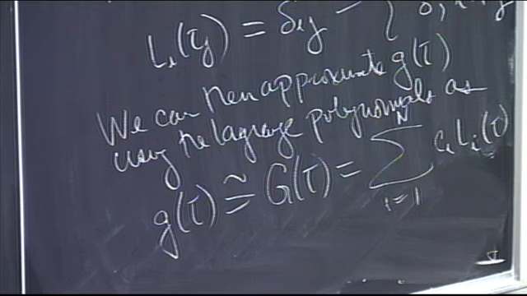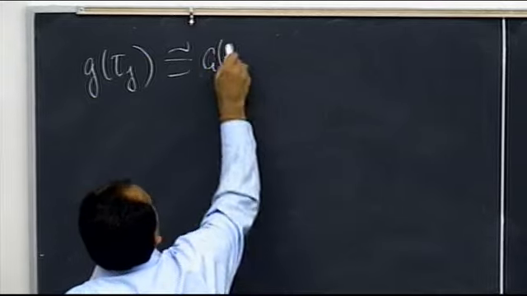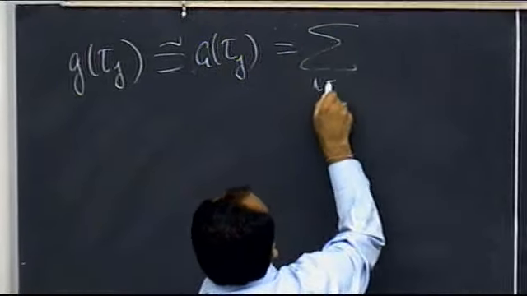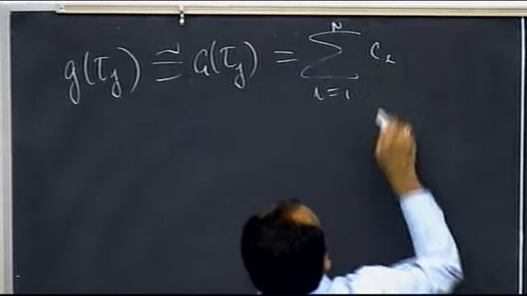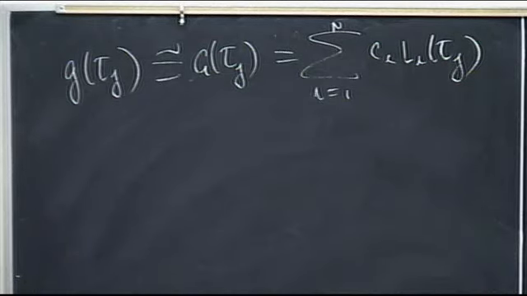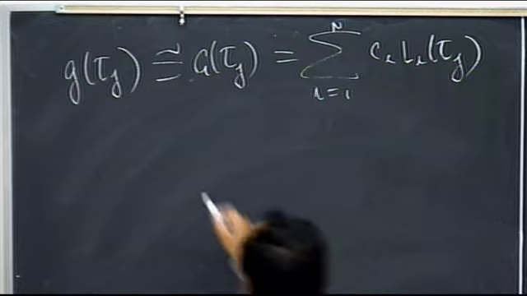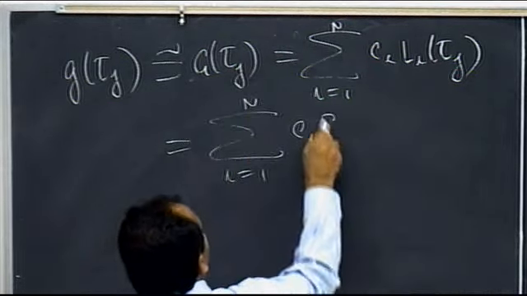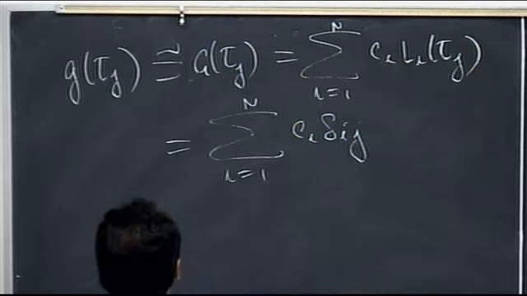If I take g of tau j, which is approximated by big G of tau j, that's going to equal the sum from i equals 1 up to n of Ci times Li of tau j. But Li of tau j is equal to delta ij, right? So this is equal to the sum from i equals 1 up to n of Ci delta ij.